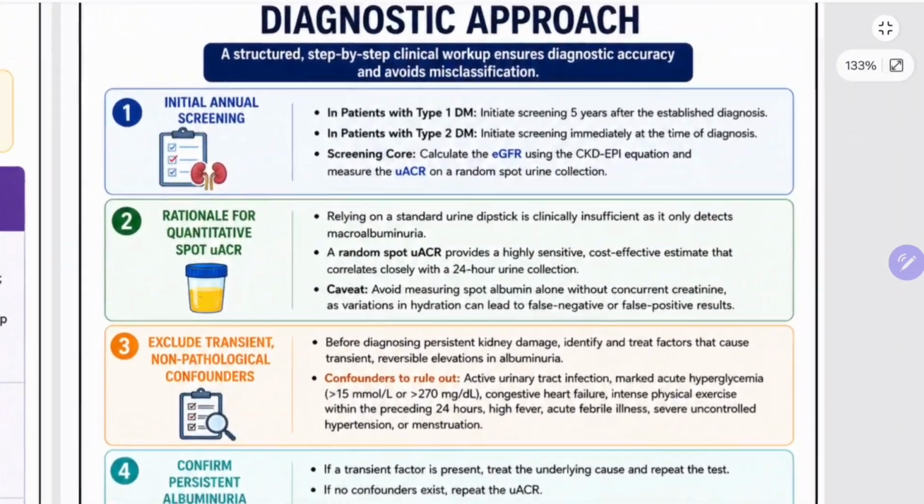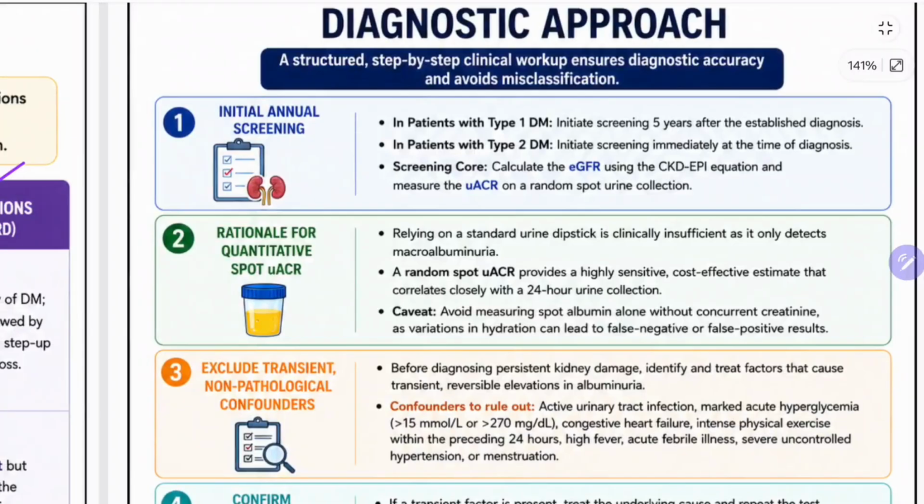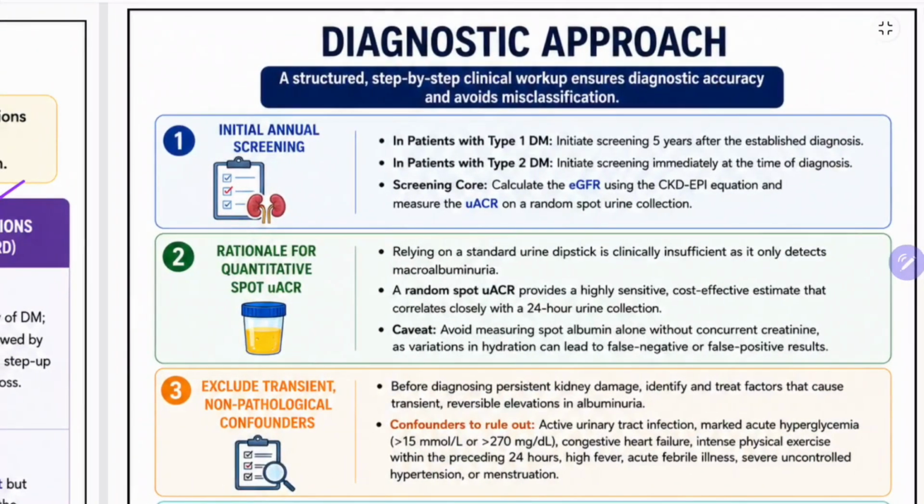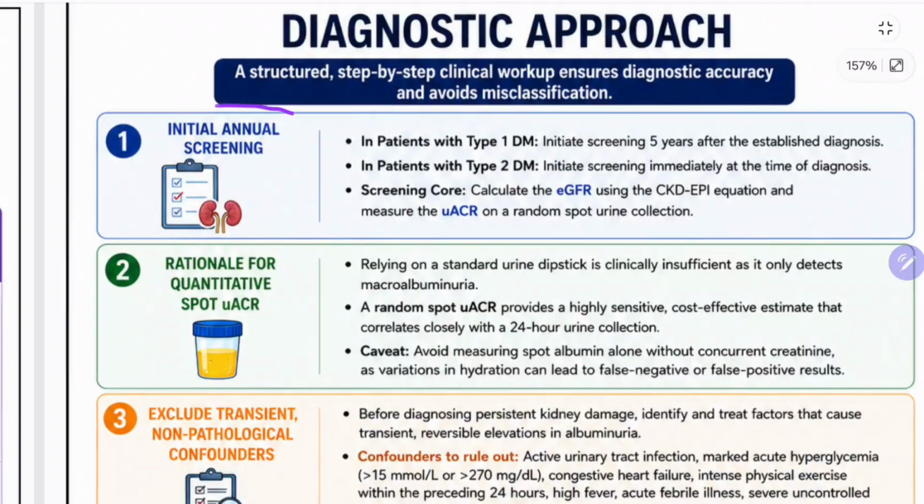Now, how do you approach the investigations? First, in a patient with diabetes mellitus, initial annual screening with either UPCR, urinary protein creatinine ratio, or UACR, urinary albumin creatinine ratio.